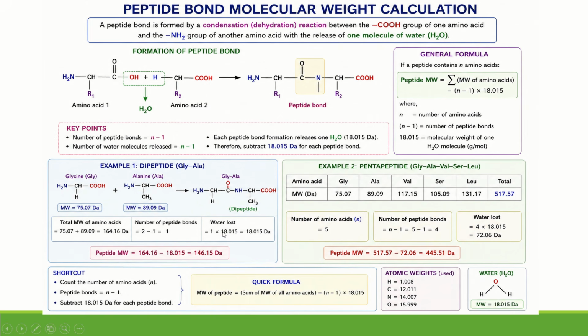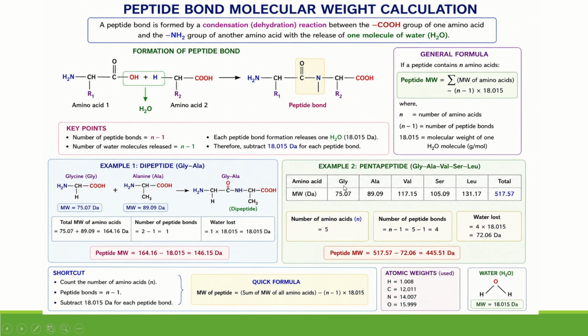So, one water molecule is lost, that is 1 into 18.015, that is 18.015 Daltons. So, peptide molecular weight is equal to total 164.16 minus 18.015, and that gives rise to 146.15 Daltons.